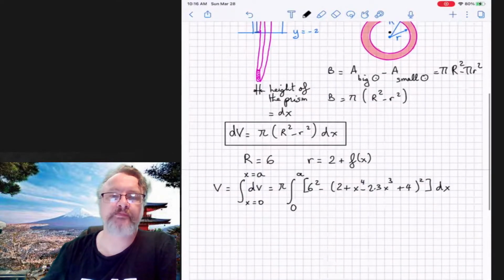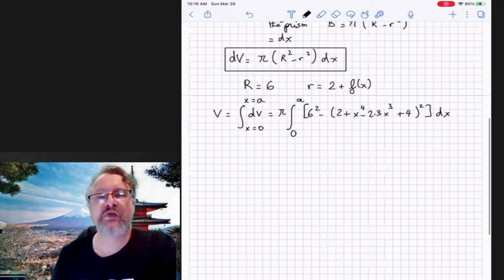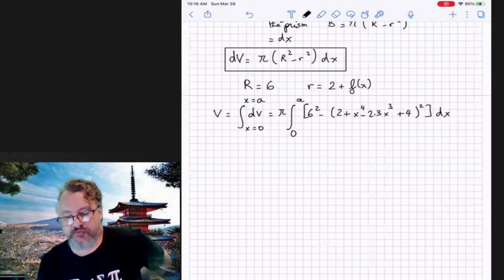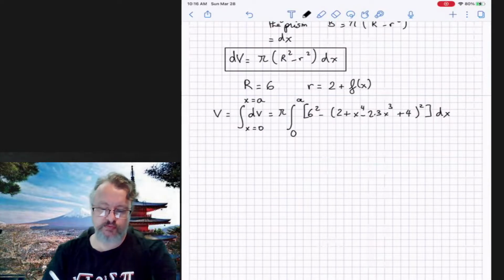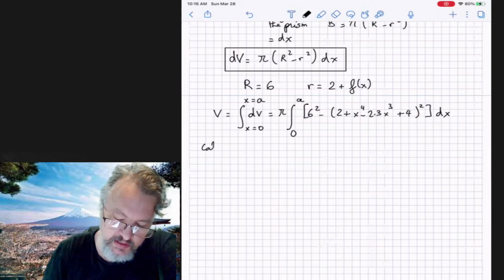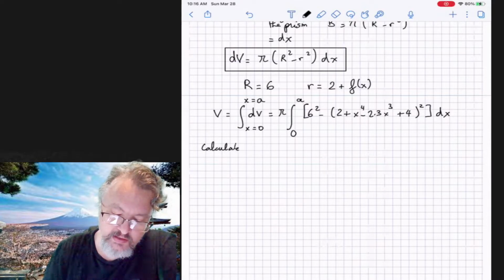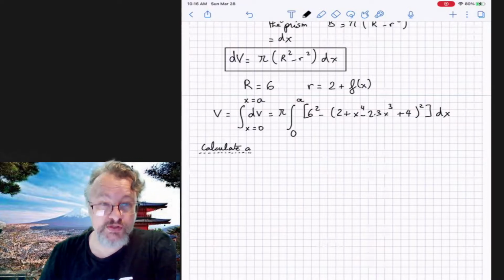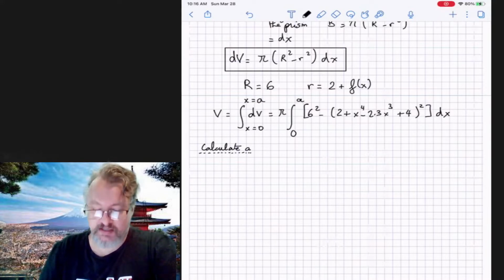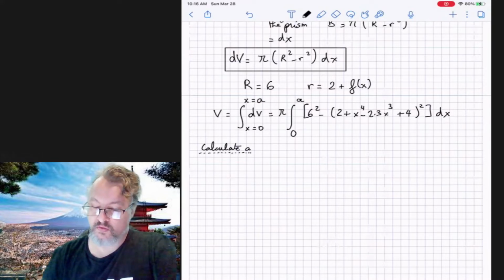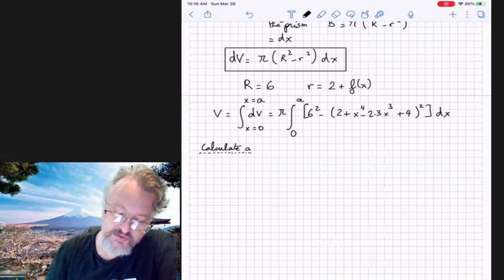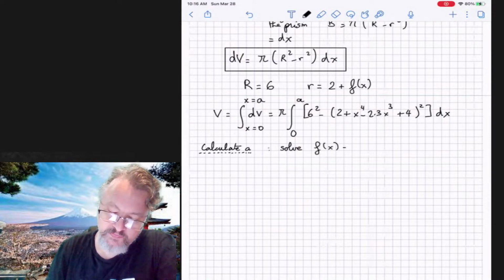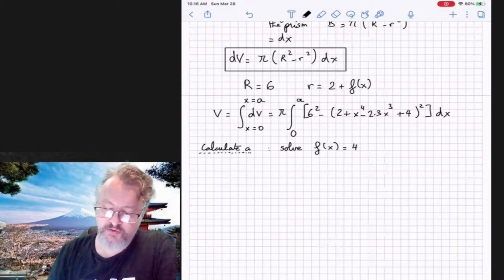Now we can see it. So now we need to figure out what a is equal to. So let's calculate a. We are going to do that by essentially saying that it's the point of intersection between the two functions, right? So f of x and y equals 4. So you're going to solve f of x equals 4.